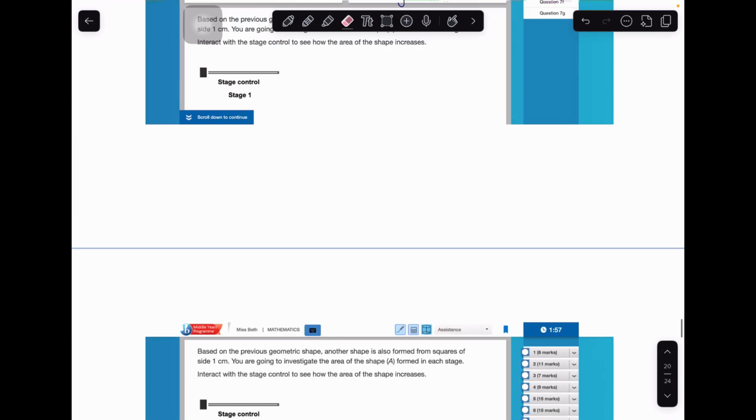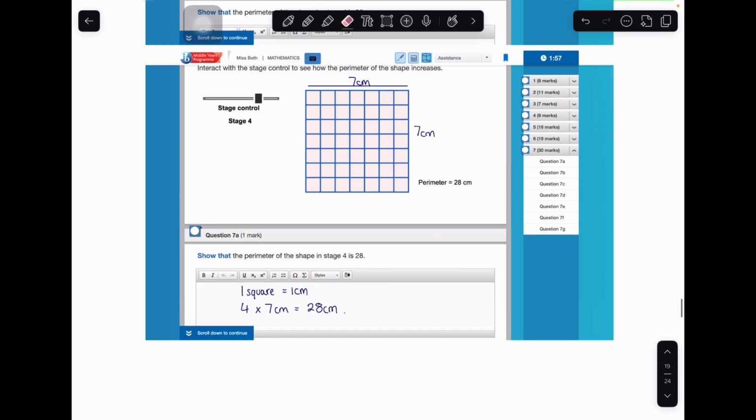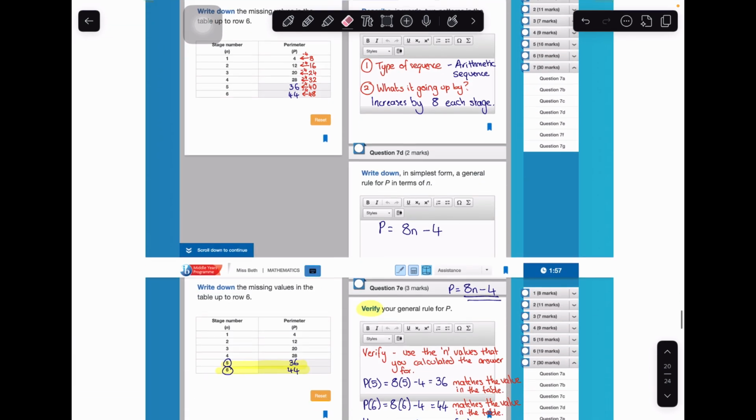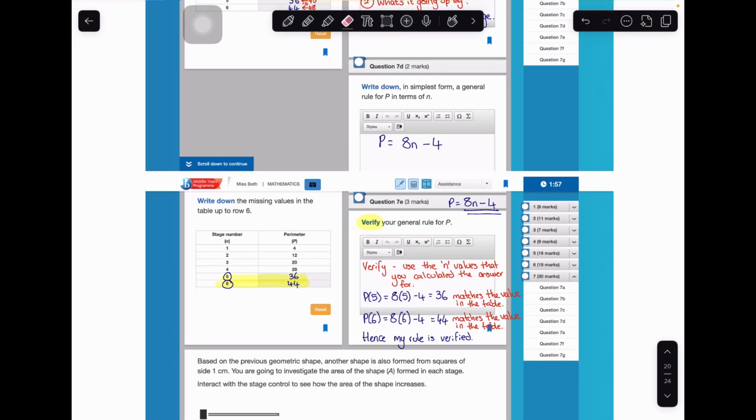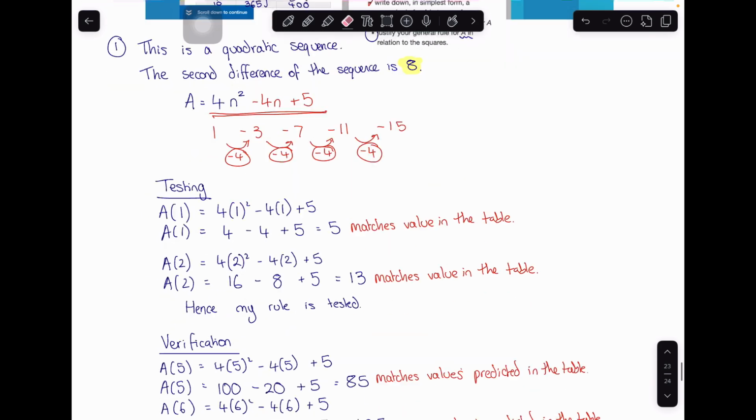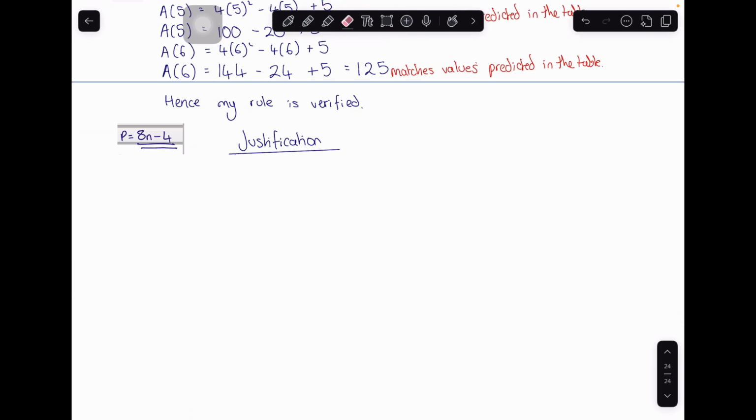Okay, before that, when we were talking about just the squares, okay, we got a perimeter of 8n minus 4. Okay, so the thing I'm going to do first is recognize that the perimeter of a square, if I want to go from the perimeter to the area, I'm going to divide the perimeter by 4 to find out what one side is.